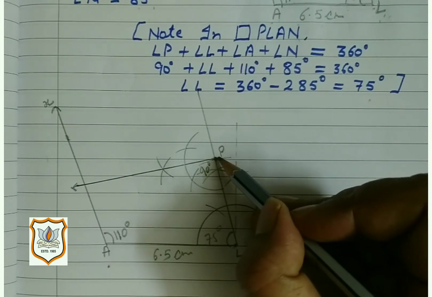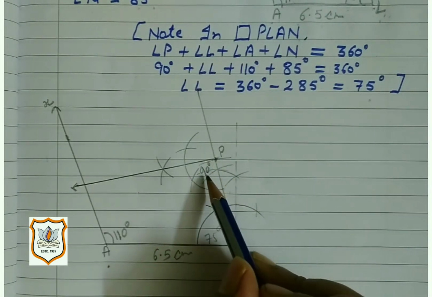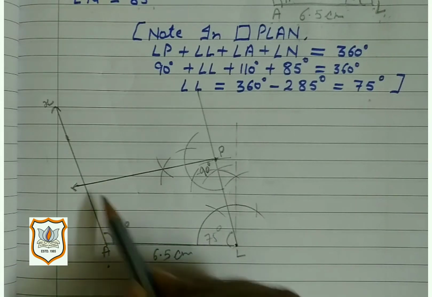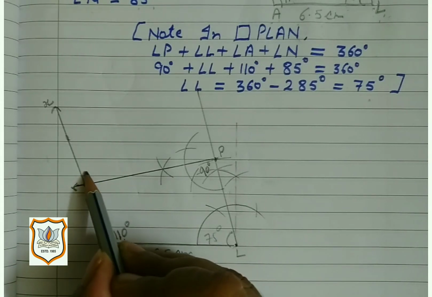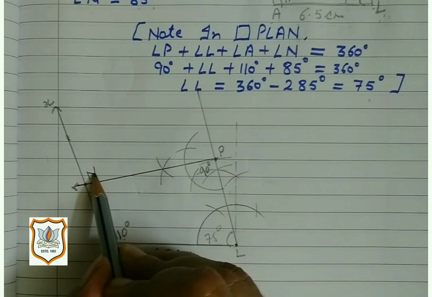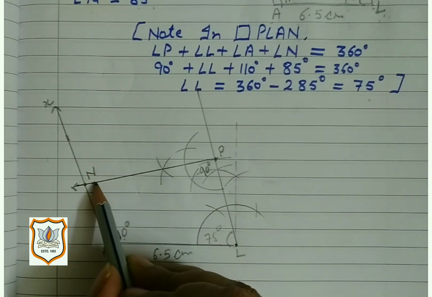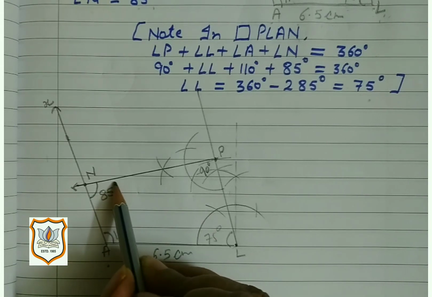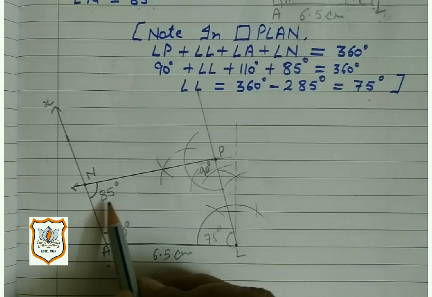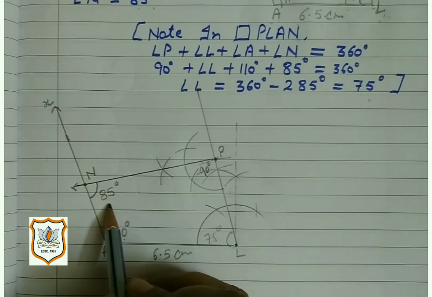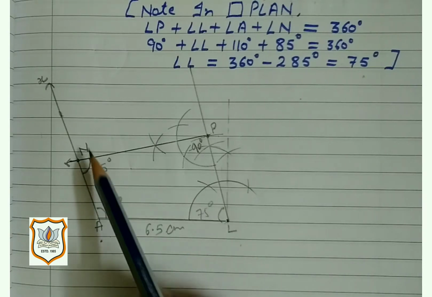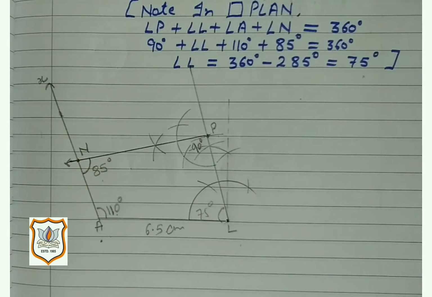Students, you can see here the line of angle 90 degrees and the line of angle 110 degrees intersect each other at point N. So this is point N. Students, this angle becomes 85 degrees. You can verify by protractor. It becomes 85 degrees. So PLAN is the required quadrilateral.